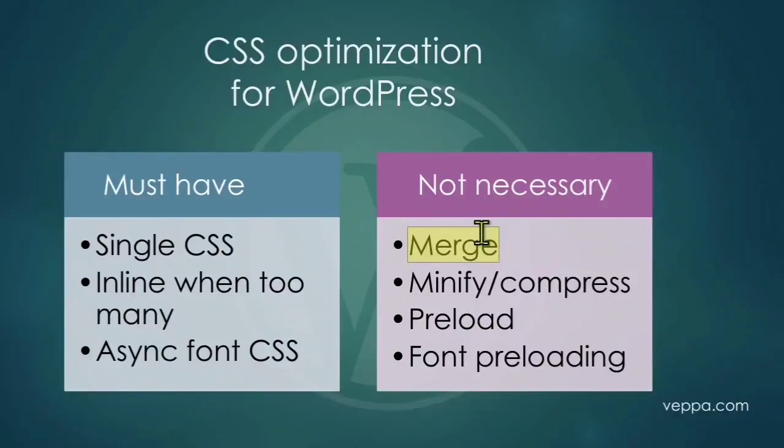Because when WordPress plugins try to merge multiple CSS files, not all pages will have all the same CSS files. So on one page, you may have 5 different CSS files. On the next page, you may have 3 different CSS files. So when you merge, you will have a different CSS file for different pages.